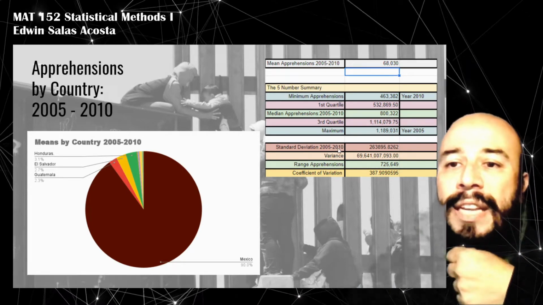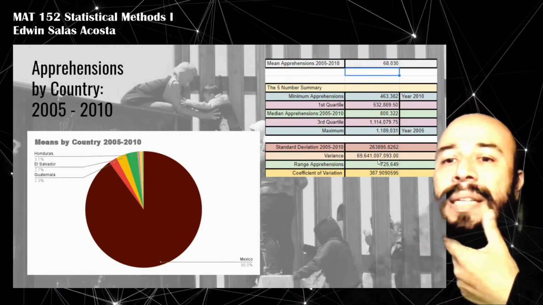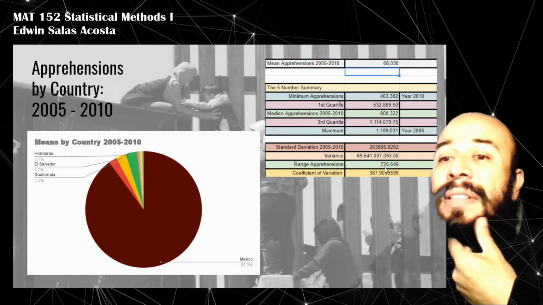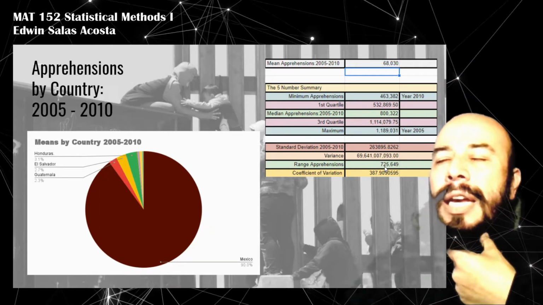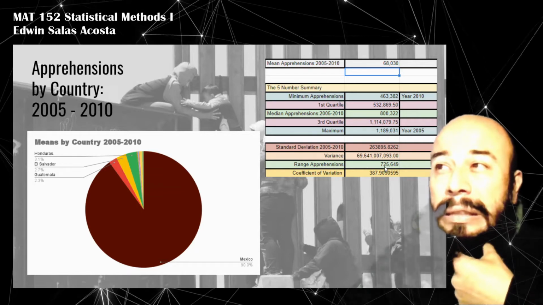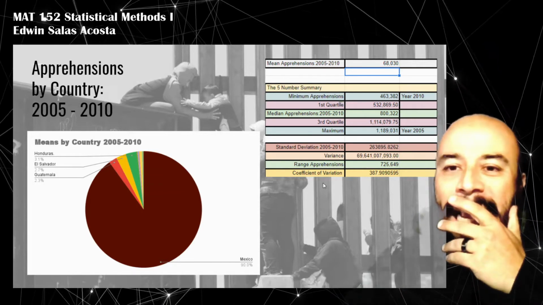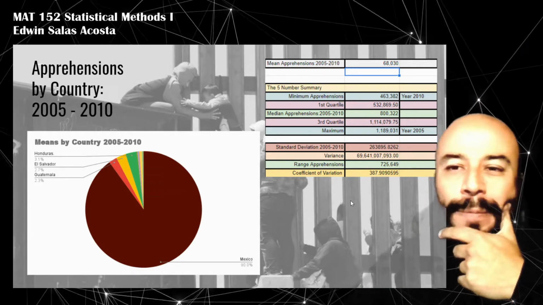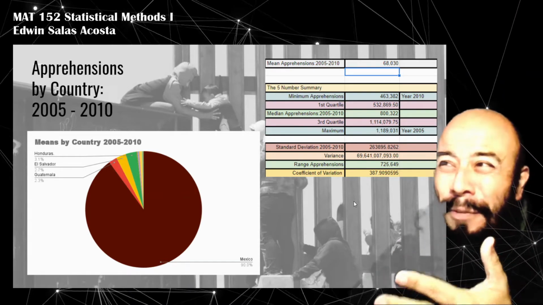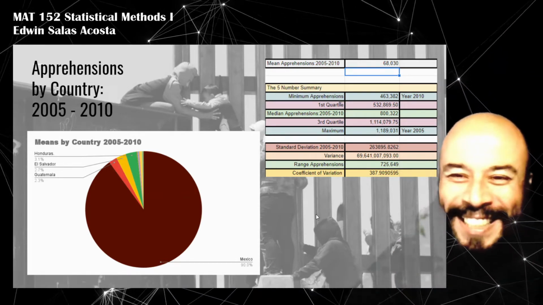The standard deviation, you can see the numbers, the variance, the range of apprehension is 100,000, sorry, and the coefficient of variation. Okay, sorry, it's difficult for me to say the numbers in English.